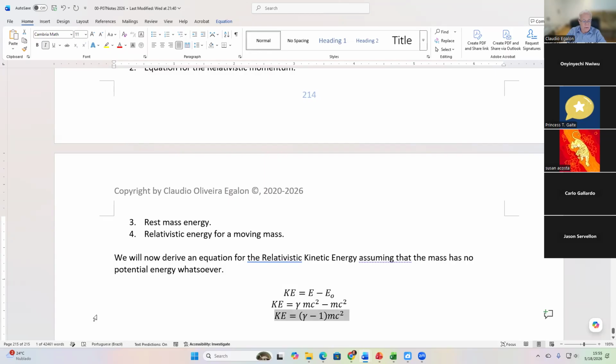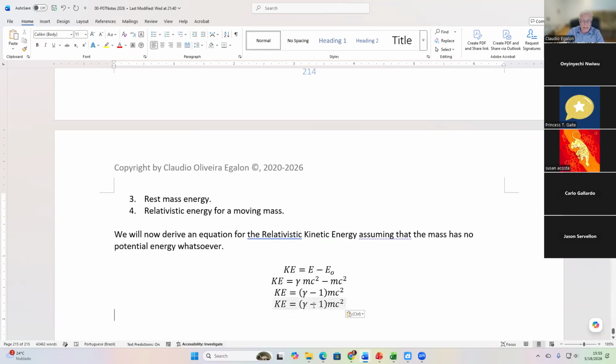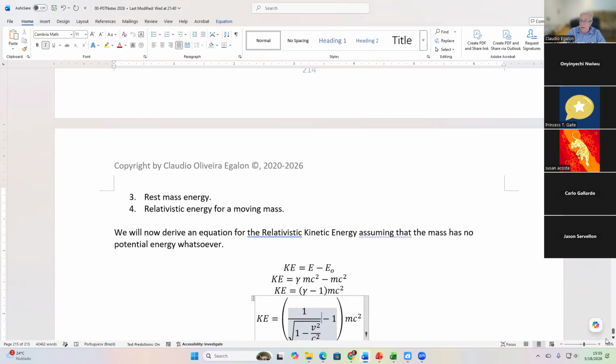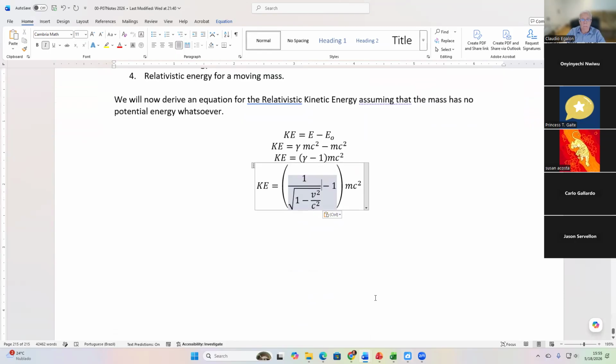We can go further than that too. We can spell out what gamma is. Gamma is 1 divided by the square root of 1 minus v squared over c squared. That's the velocity of the mass, right? Is there anything else that we can do? I don't think so. Okay, so that's what the kinetic energy is all about.